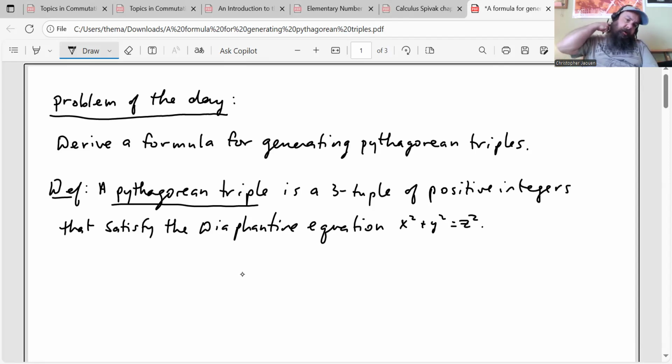So that's what we mean by a Pythagorean triple. You can also talk about this in terms of the Pythagorean theorem, which is why it's called a Pythagorean triple.